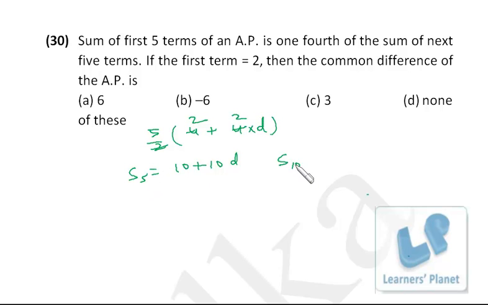Similarly, we can find out the sum of first 10 terms. So that is 10 by 2 times 2a, that is 4, plus (10 minus 1), that is 9d. So the sum of 10 terms is 2 fours are 8 plus 18d, right?